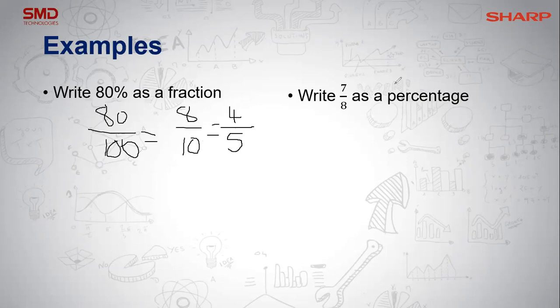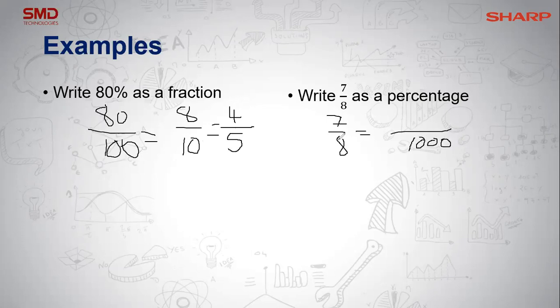Okay. Then this example here, write 7/8 as a percentage. We know that 8 doesn't go into 100, it goes into 1,000. So we're going to have 7 over 8, and we're going to convert it to something over 1,000. I'll come back to it in a minute.